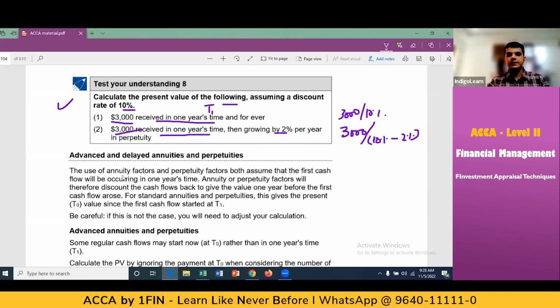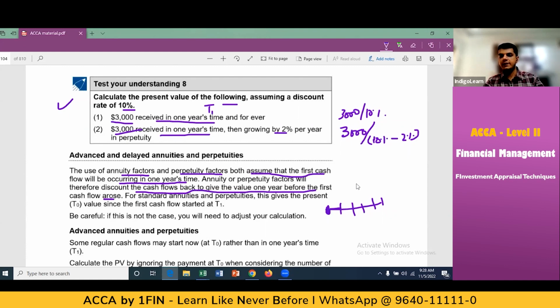Okay. The use of annuity factors and perpetuity factors both assume that the first cash flow will be occurring in 1 year's time, that is at the end of year 1. Annuity and perpetuity factors will therefore discount the cash flows back to give the value 1 year before the first cash flow arose. Okay. So annuity factor, when I put it and get the value, then here is the present value that I am getting, at 1 year back from where the cash flow starts.